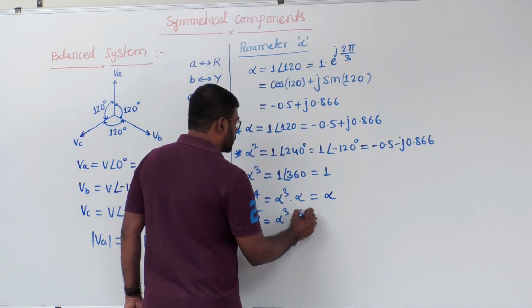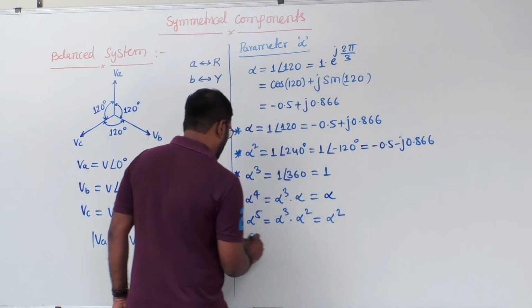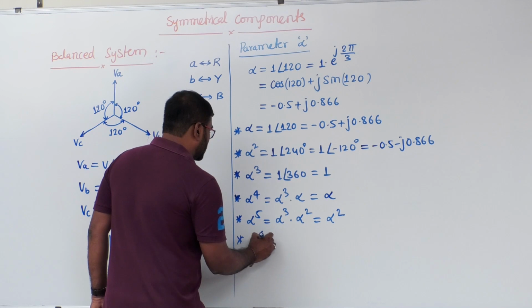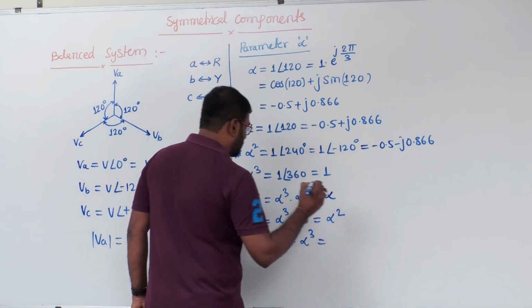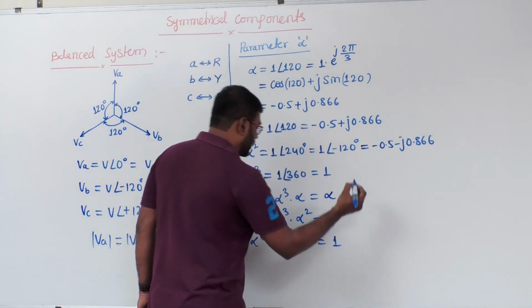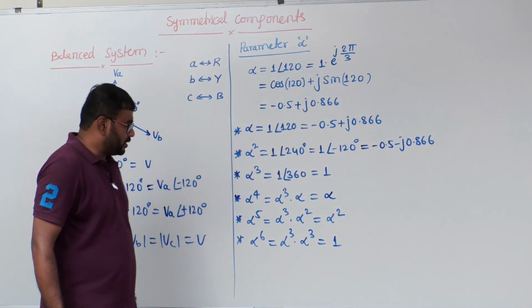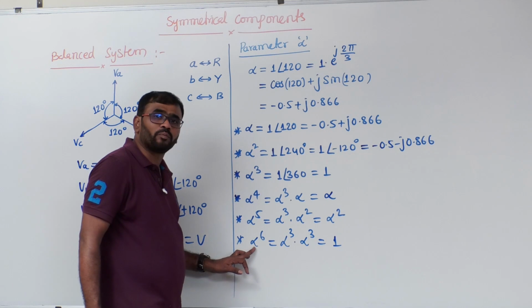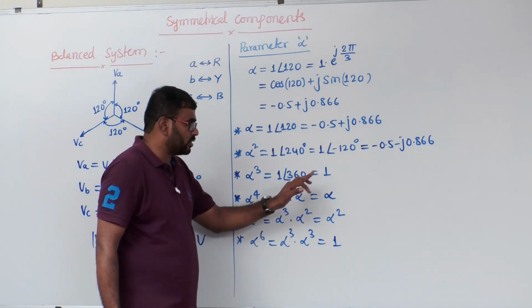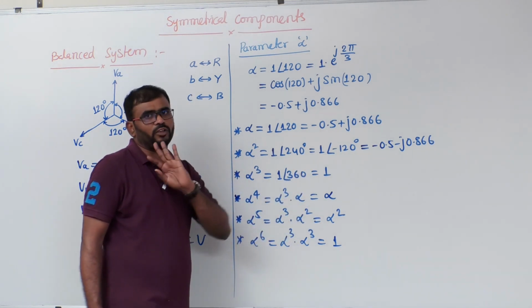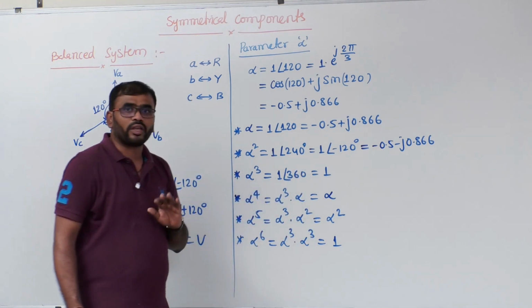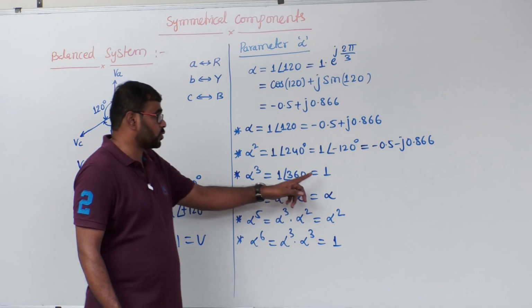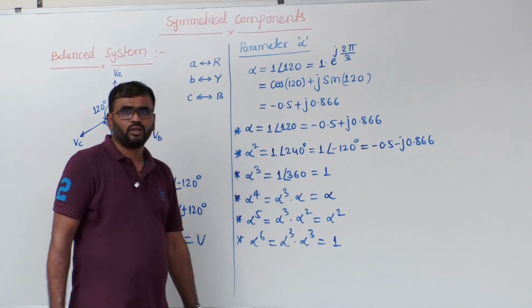Alpha cube into alpha square, so alpha square. What is alpha power 6? Alpha power 3 into alpha power 3, which is 1. So that means any power of alpha can be written as either 1, alpha or alpha square. Only 3 terms exist: 1, alpha or alpha square.